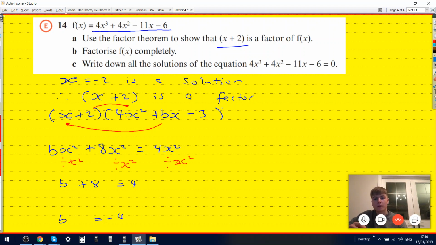So b must be minus 4, and so we have factorized that. One factor is x plus 2, and the other is 4x squared minus 4x minus 3. Then you go from there. The problem is with this one, you'd have to use the quadratic formula to solve it.